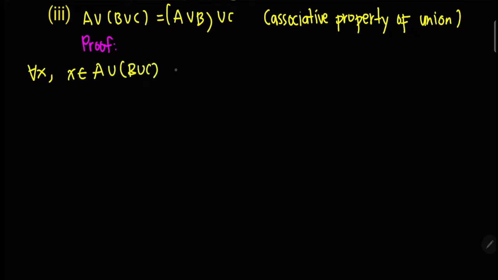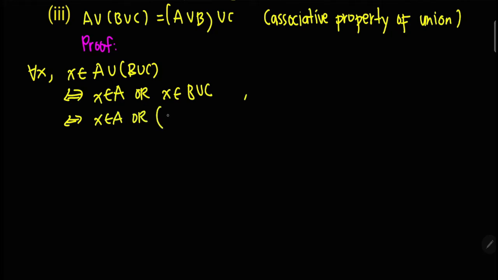By definition, that means that x is in A or x is in the union B union C. Applying further the definition of union, that gives us x is in A, or the compound statement x is in B or x is in C. Both of these statements are due to the definition of union.